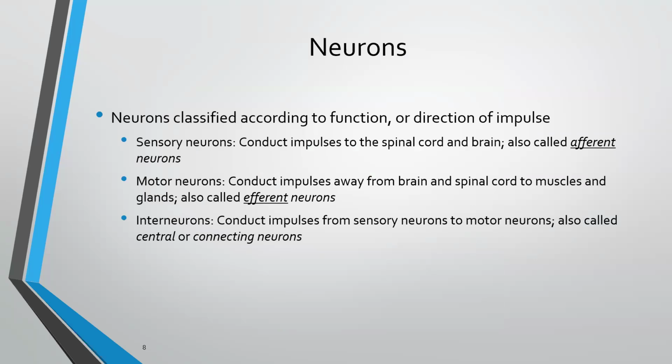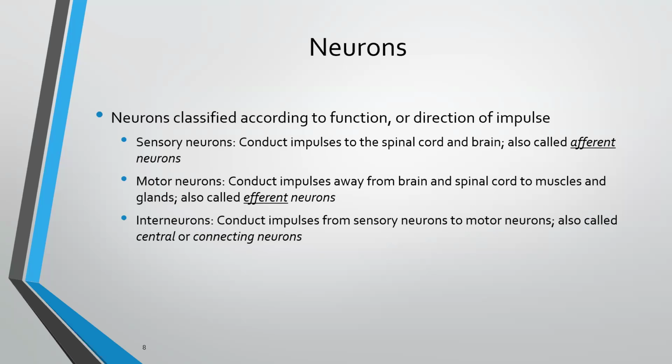All right, so when we look at our neurons, we've talked a little bit about this, but we have sensory neurons, motor neurons, and interneurons. Again, sensory neurons conduct impulses to the spinal cord and brain. They're also called afferent neurons. Motor neurons conduct impulses away from the brain and spinal cord to the muscles and glands, and those are efferent neurons.